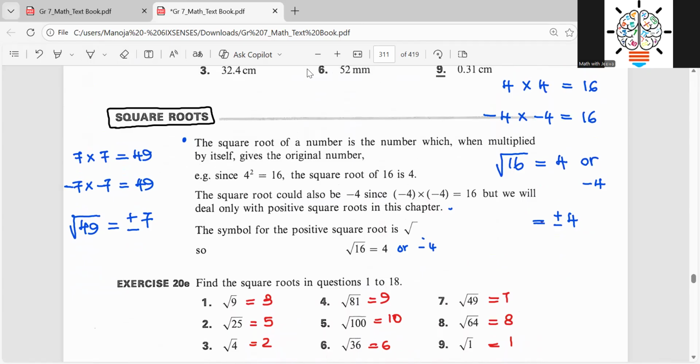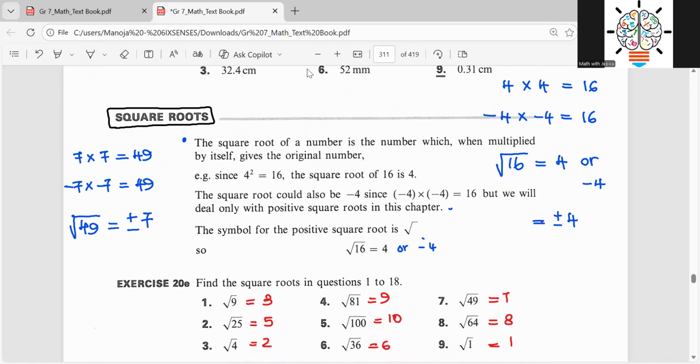And like we did with the squares, now these are very easy ones because all the answers are in between 1 and 10. So then you know 1 times 1, 1, 2 times 2, 4, 3 times 3, 9, 4 times 4, 16, 5 times 5, 25, 6 times 6, 36, 7 times 7, 49, 8 times 8, 64, 9 times 9, 81, 10 times 10, 100.